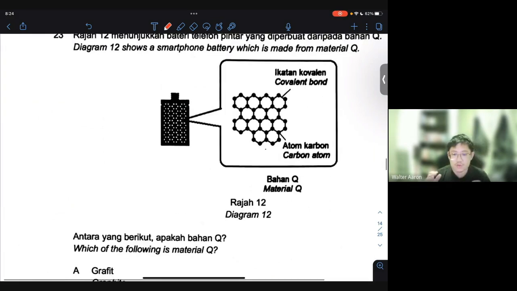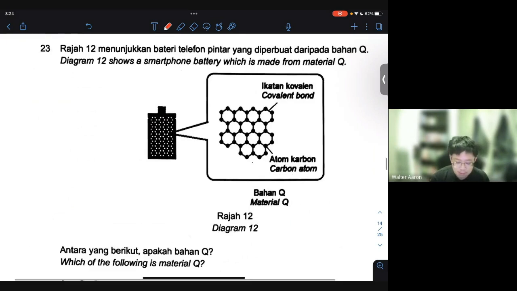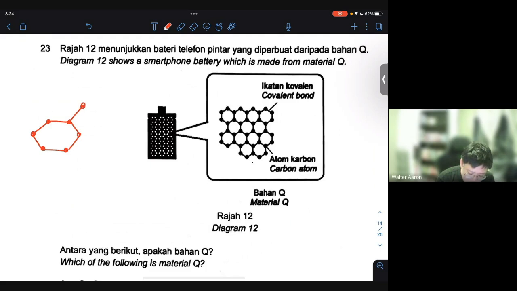So you know the structure of the graphite, isn't it? Graphite has this hexagonal ring structure. Well, it is still considered as a macromolecular structure because it has many carbon atoms covalently bonded together.